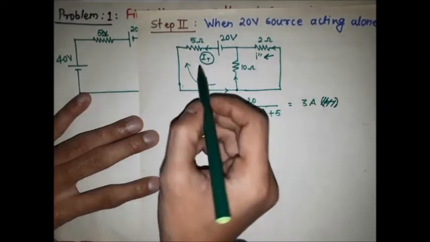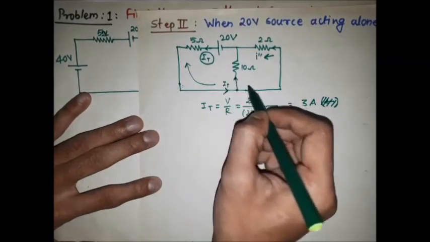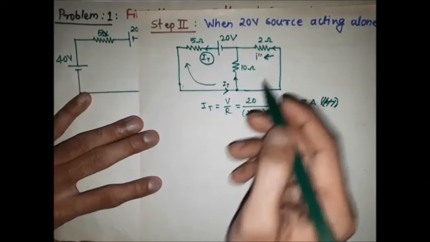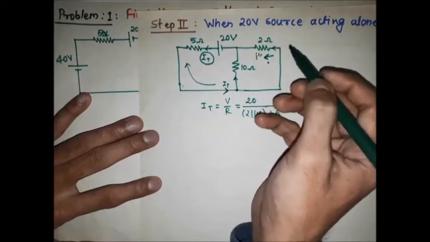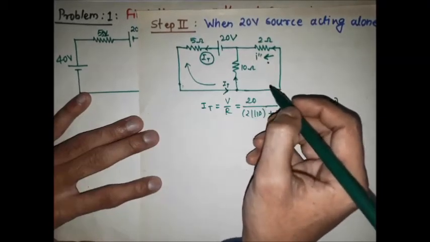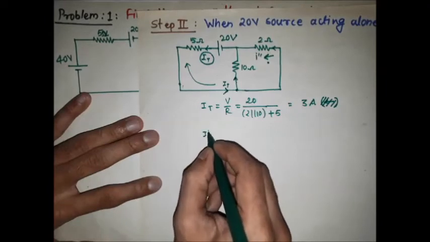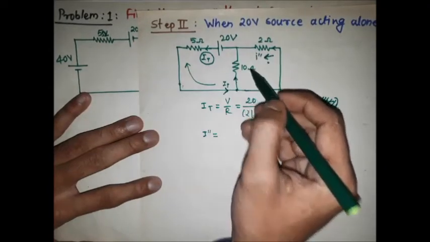Now here, this is the total current IT coming here and distributed in the 2 branches like this. We have to find the current through the 2 ohm resistor. When finding the current through this resistor, we have to consider the resistor in the numerator as the parallel resistor. So I double dash is equal to the parallel resistor to the 2 ohm, which is 10.